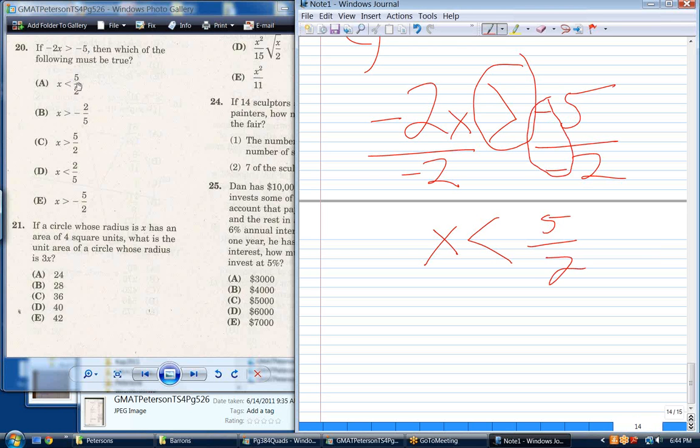So it's A. So the only thing you really need to know about inequalities is that when you divide or multiply by a negative number, you turn that thing in the other direction. But notice you still divide by minus 2. In other words, you still divide a minus 5 by minus 2 to come up with a positive 5 halves.